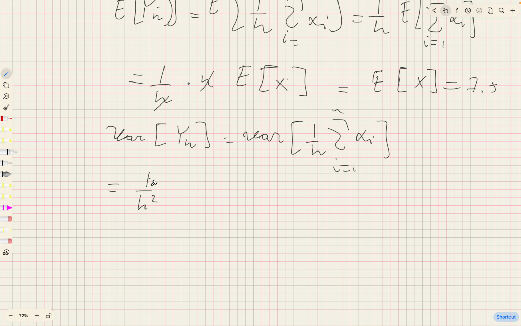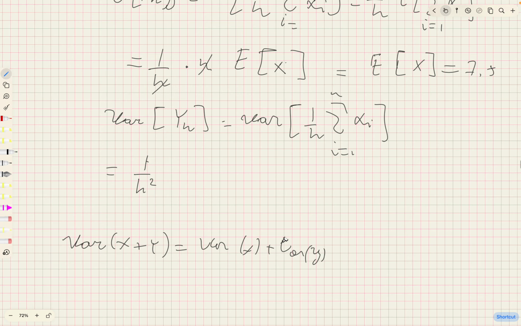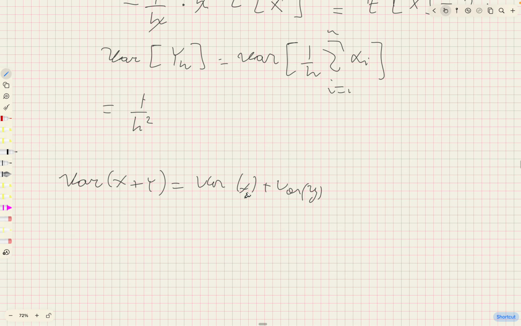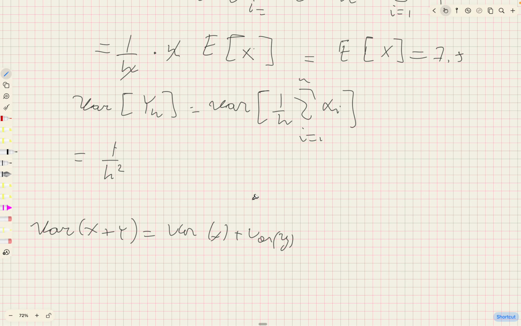And we also have this property, which is that the variance of X plus Y is the variance of X plus the variance of Y in case X and Y are independent random variables.